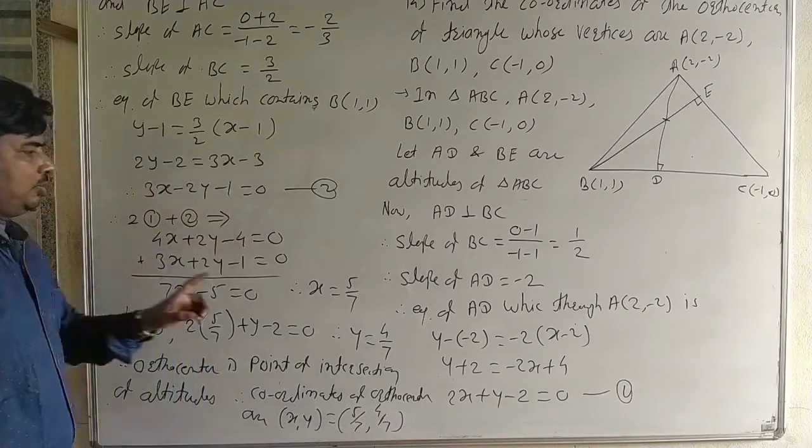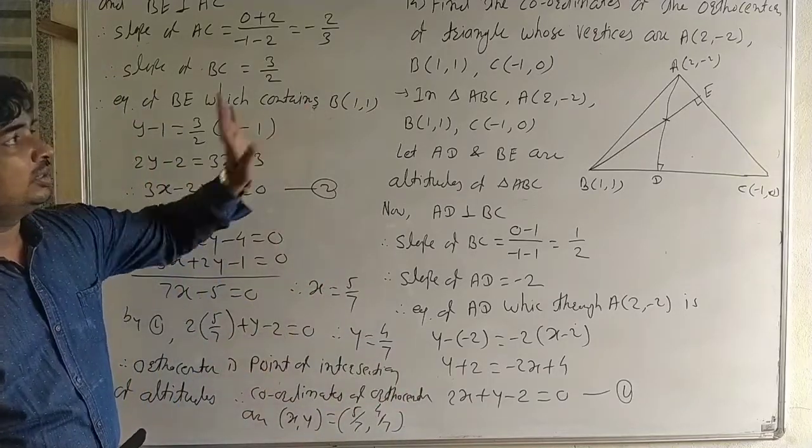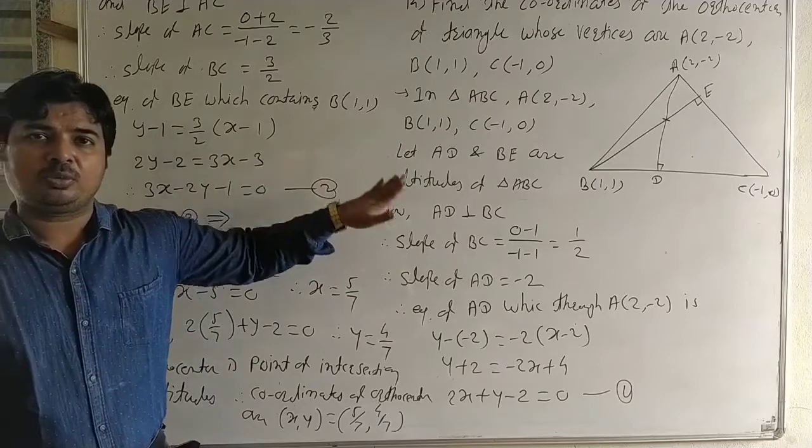See carefully, it is 5 by 7 comma 4 by 7, the coordinates of the orthocenter of the triangle. Orthocenter is the point of intersection of altitudes.